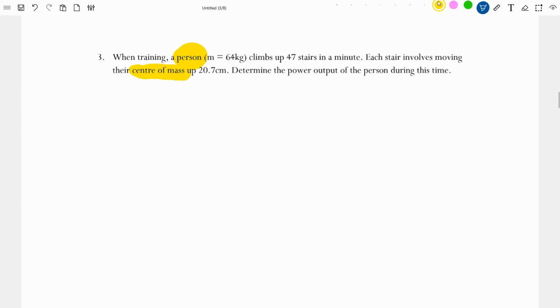They have legs and arms and head. They have various body parts, each of which can move. The reference to center of mass is basically saying you don't need to factor in all of those parts. The person taken as a whole has basically moved. Okay, so that's all that the reference to center of mass is.